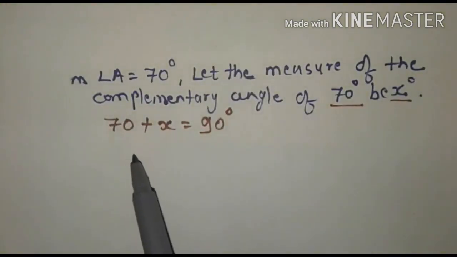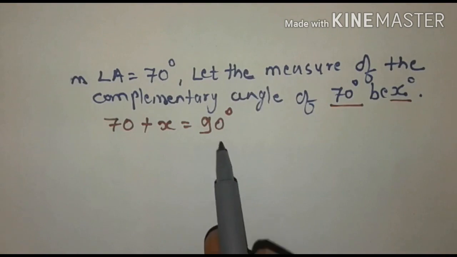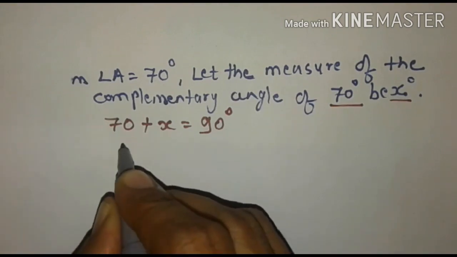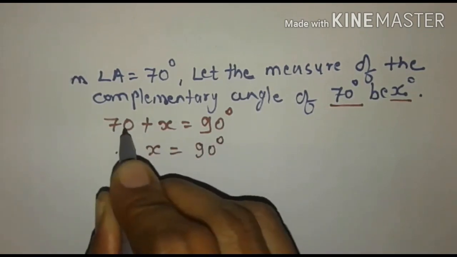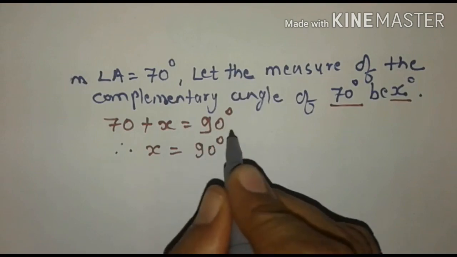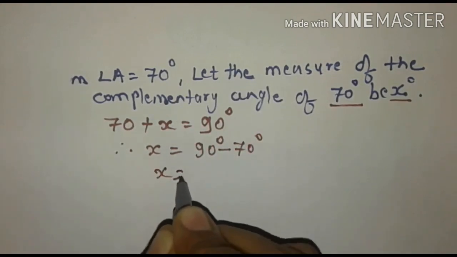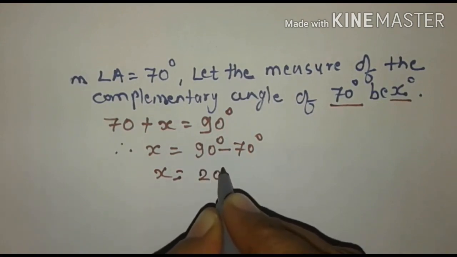Now 70 plus x is equal to 90 degree because their sum is 90 degree. Therefore, transpose this to the other side. We will get x is equal to 90, keep 90 as it is, this 70 will transpose to this side and become negative 70. So the value of x, 90 minus 70, is equal to 20.